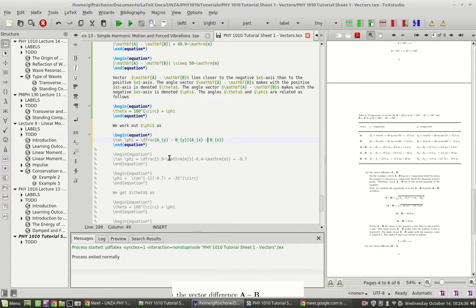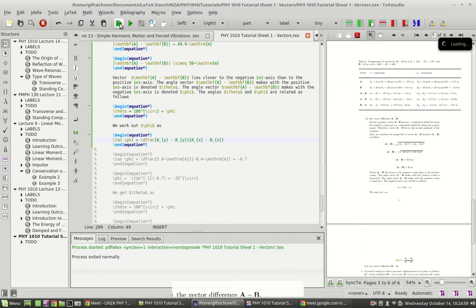The reason why we are adding phi to 180 is because we know that phi is negative. Okay, so to the 180, if we add a negative angle, it's going to give us theta. If phi is a positive angle, then it's going to give us a theta which is greater than 180.